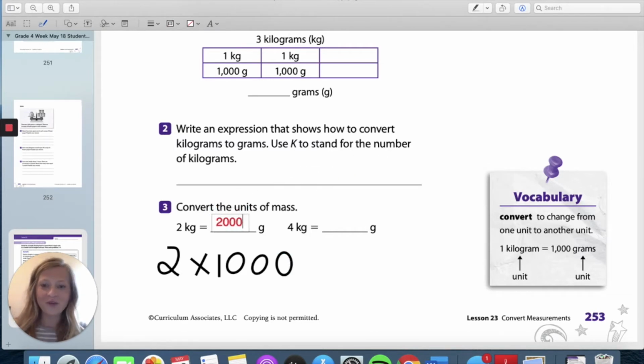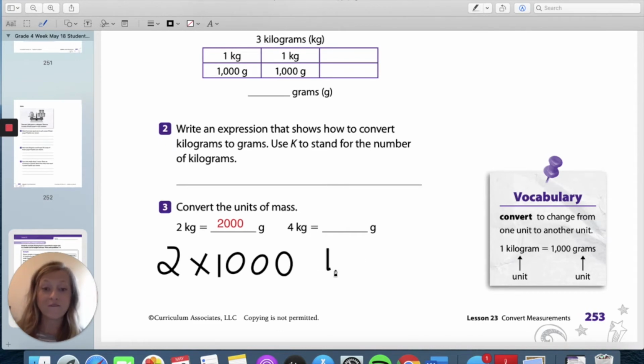Well, hopefully you got 2,000. So 2 kilograms is equal to 2,000 grams. Now let's go ahead and look at 4 kilograms. Look at what we just did for 2 kilograms. What process would we use to find how many grams are in 4 kilograms? Hopefully you said that we would follow the same process.